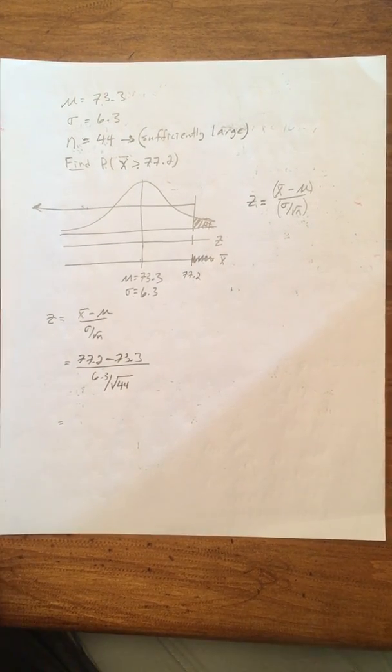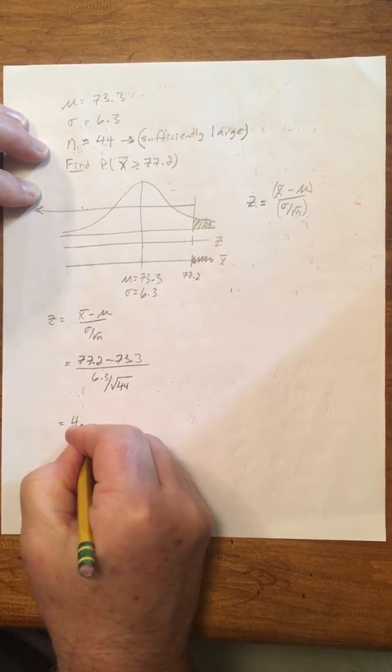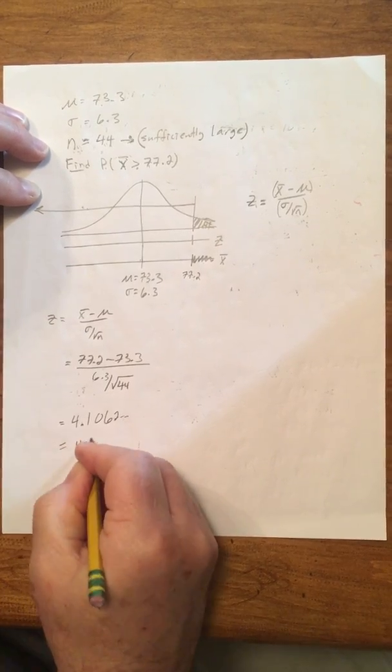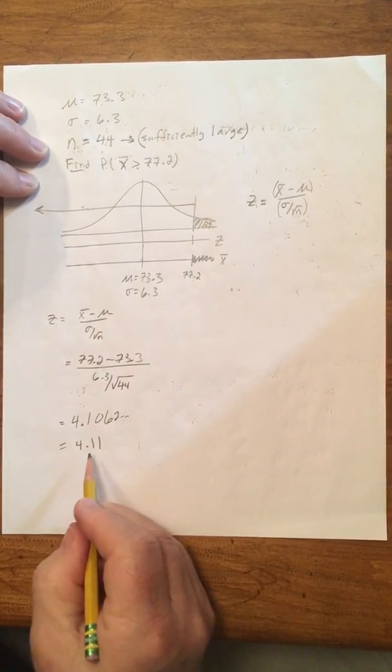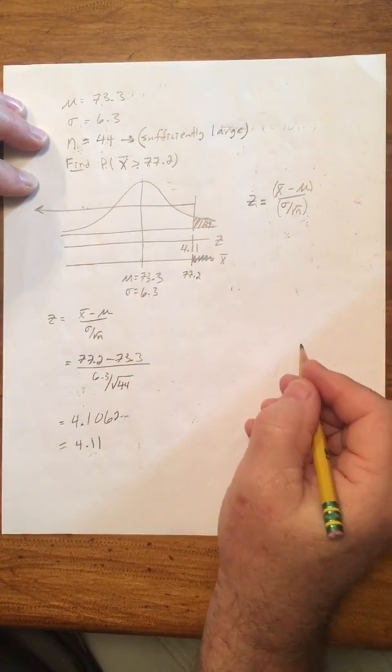And so I have 77.2 minus 73.3, I'm going to close that, divide that by, open 6.3 divided by the square root of 44, close. And I have, this is approximately 4.1062. I'm going to use 4.11 as my value. So the z-score is 4.11.